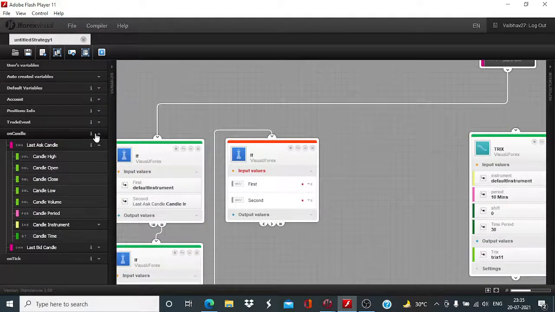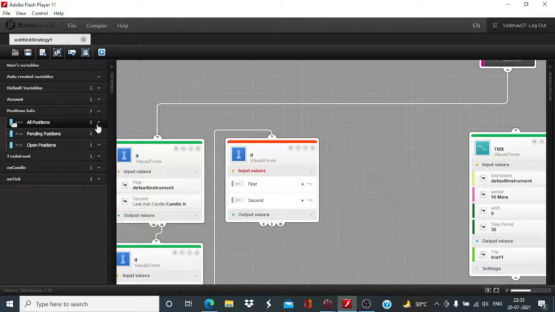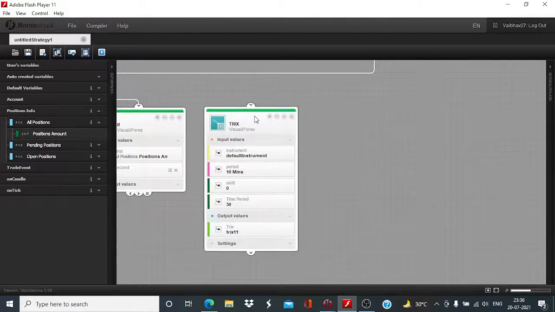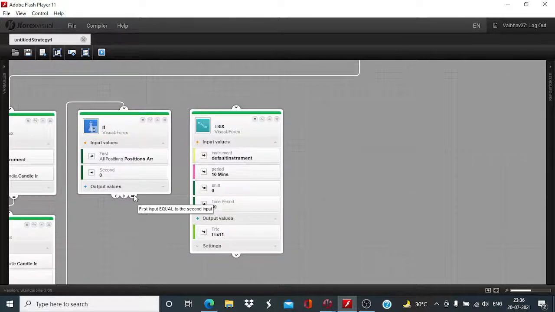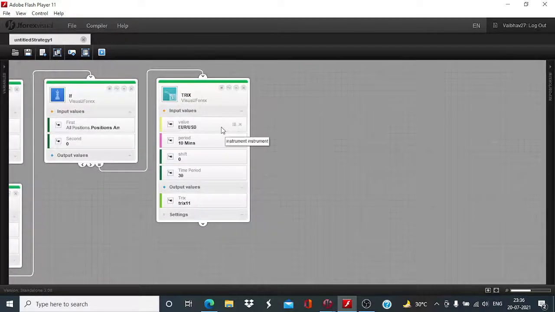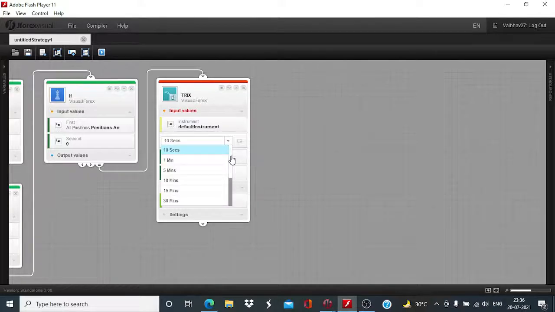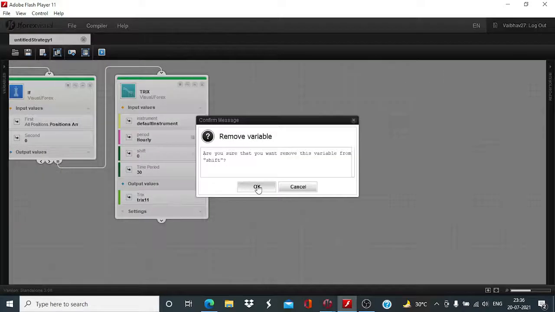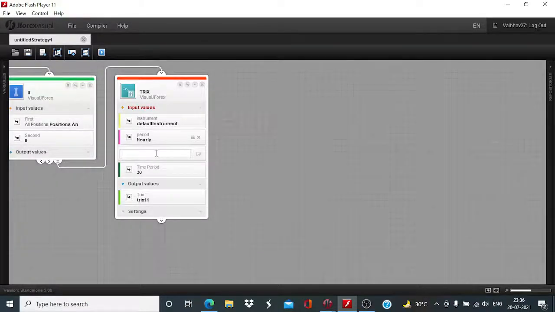Position amount, all position amount needs to be at 0, and after that we will add this. Hourly candle period and shift value is going to be 1.